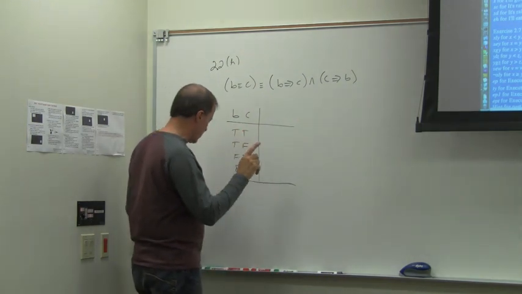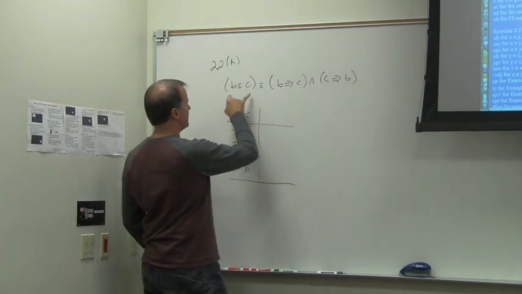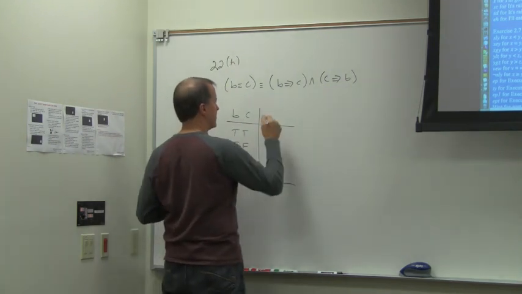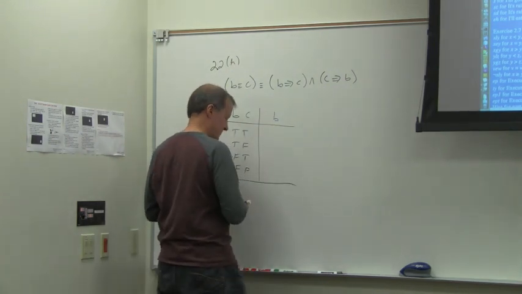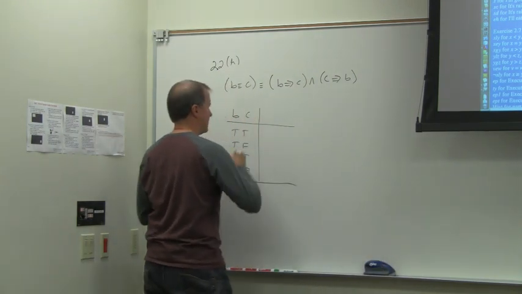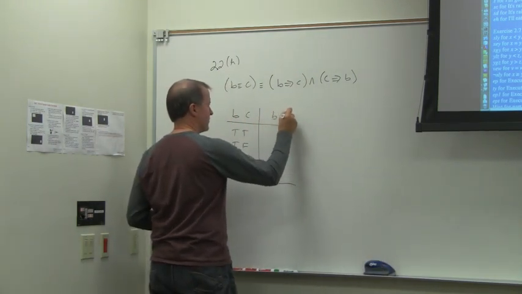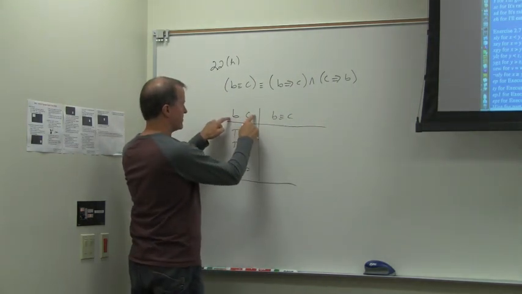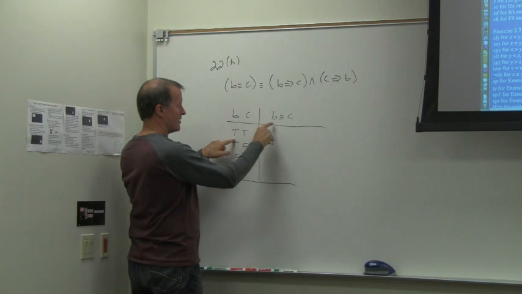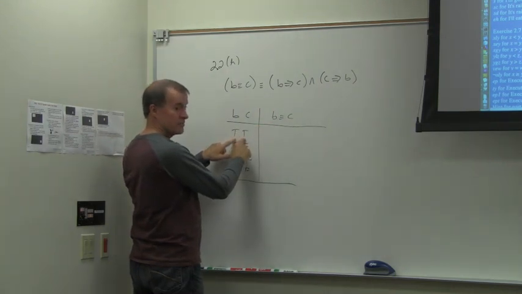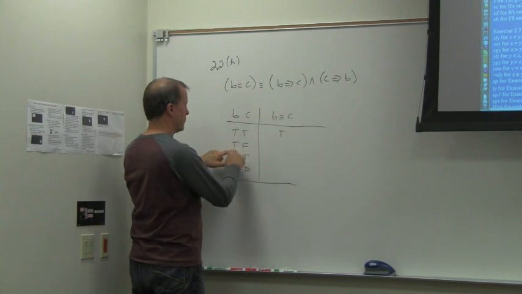Okay, well look, the way you do this is first you do a column for B equivales C, right? So here is B equivales C, and here's B and here's C. And so you go down and you say, true equivales true. Is that true? Yeah. True equivales false.